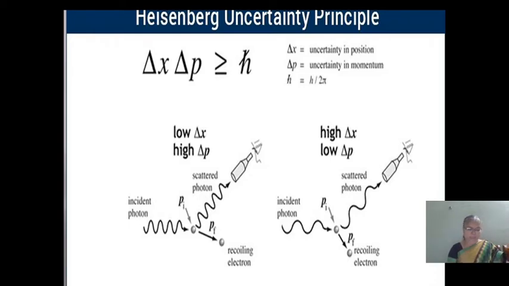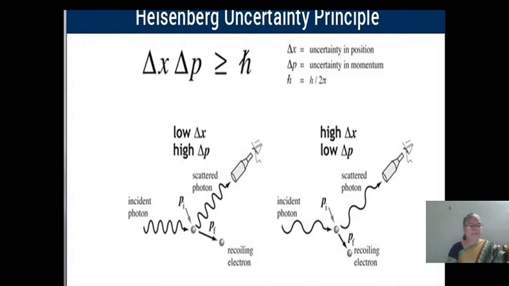It is explained like this. Both the position and momentum of a particle such as an electron cannot be determined accurately at any time. If we determine position, that is location, very precisely, then the velocity or momentum cannot be determined accurately.